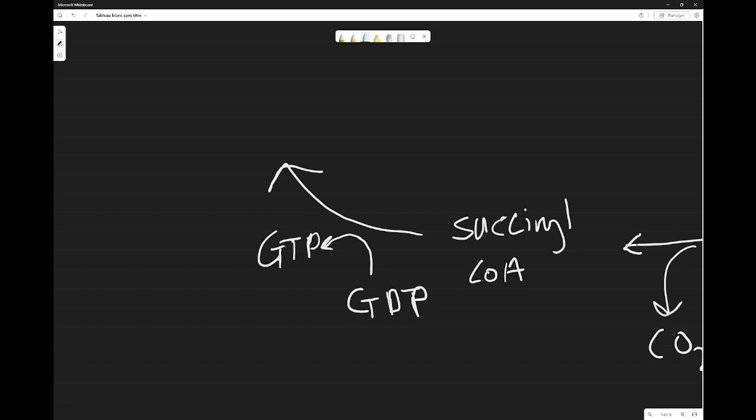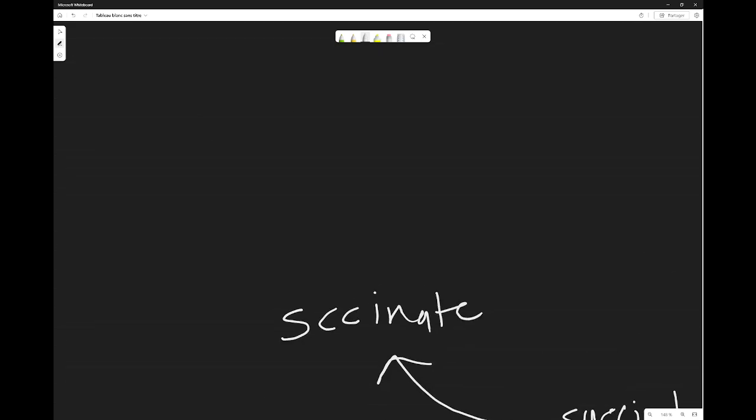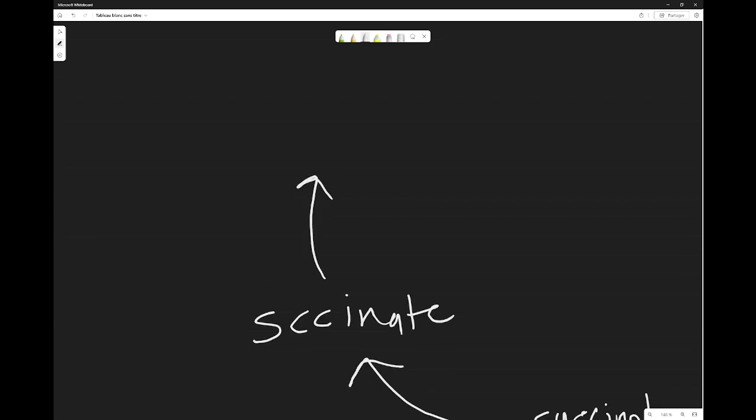From this creates now what we call succinate, right? Succinate. From succinate now we have the creation of a key electron carrier within this cycle, right? And that key electron carrier will be FADH.